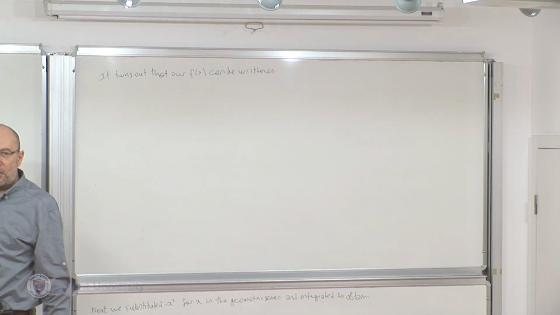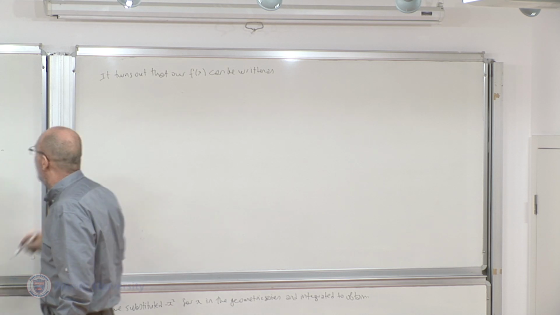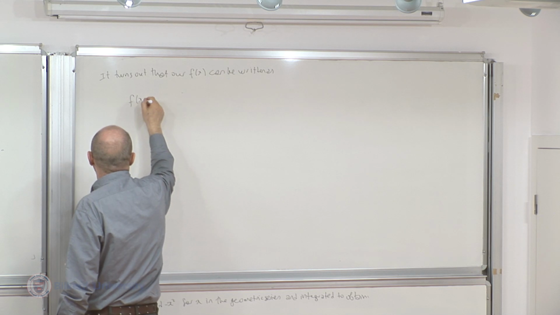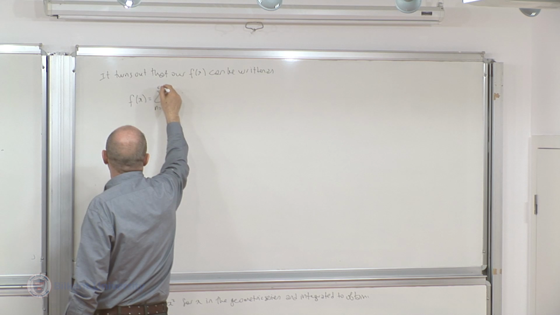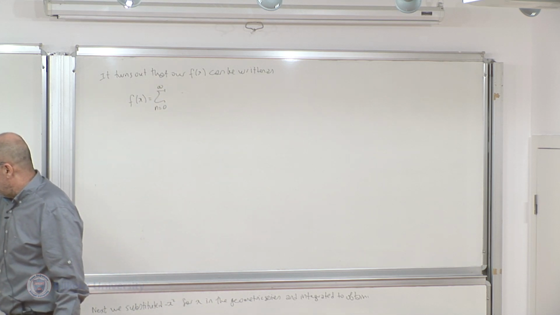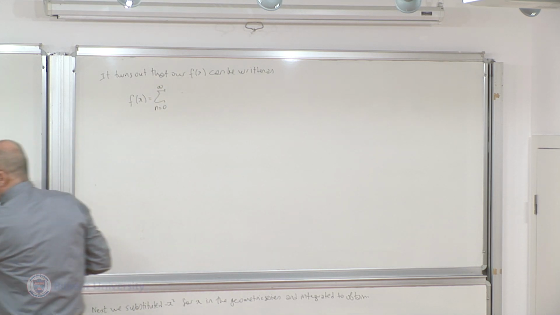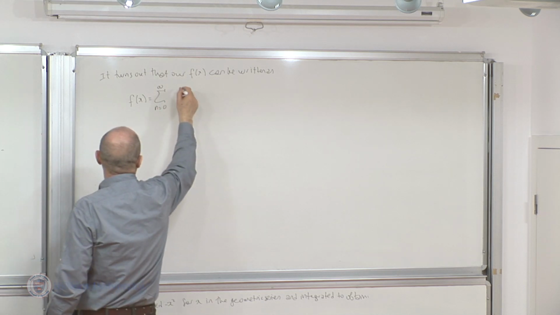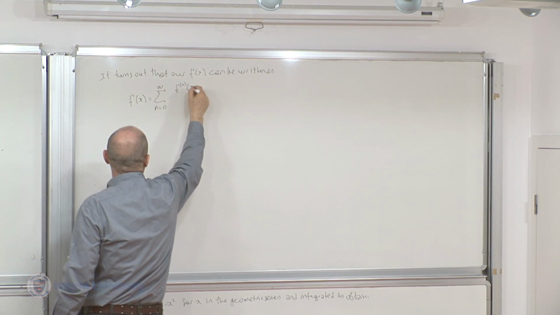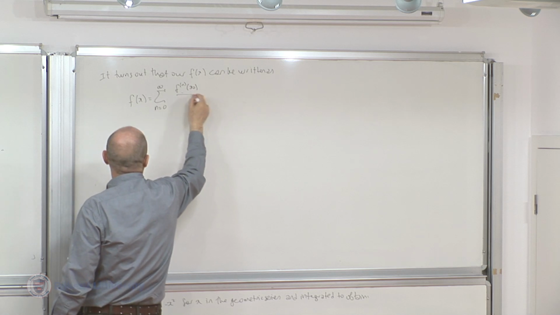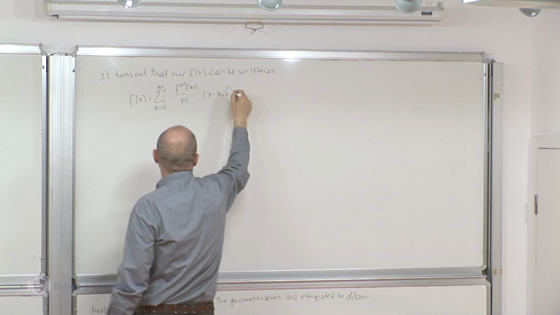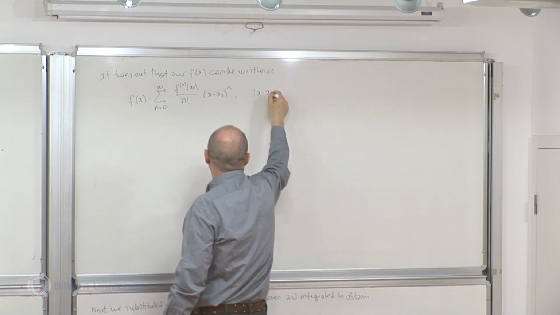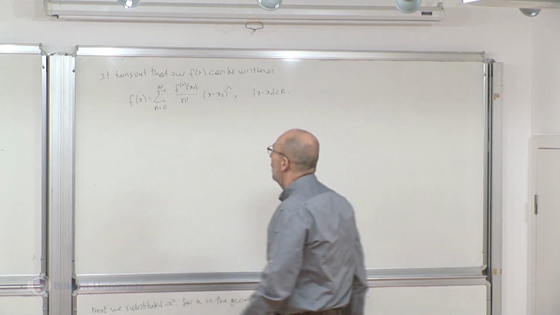We already started with a function which is represented by a power series. We discovered that the coefficients of the power series are nice. c_n is equal to the nth derivative at x sub 0 divided by n factorial, times (x minus x sub 0)^n, for absolute value of x minus x sub 0 less than r.